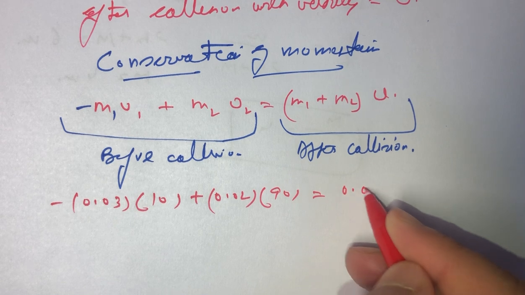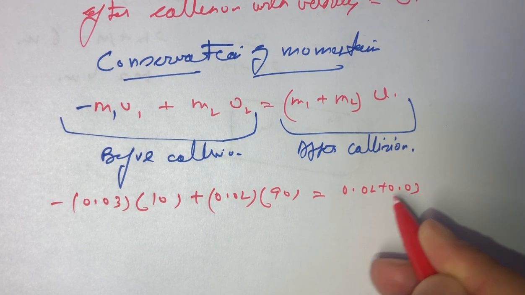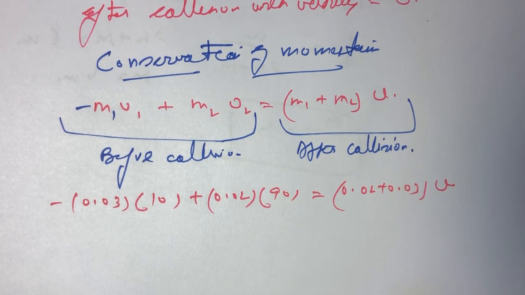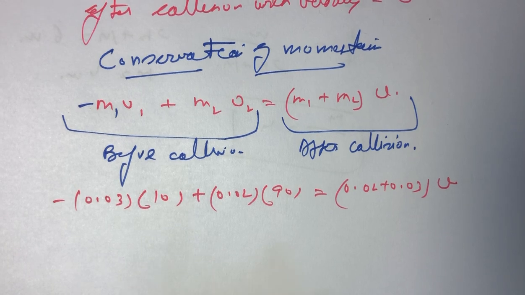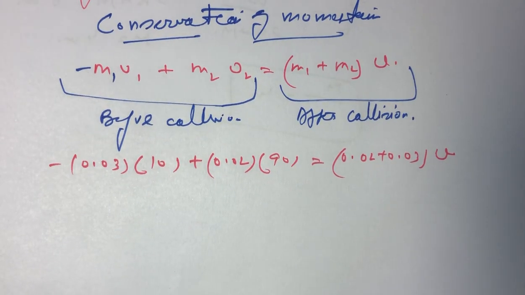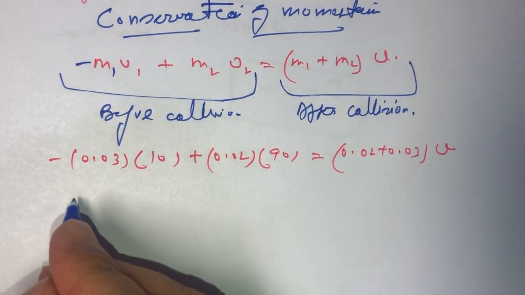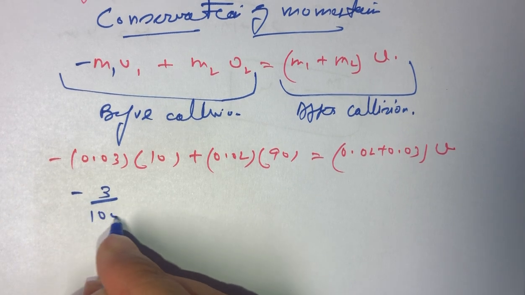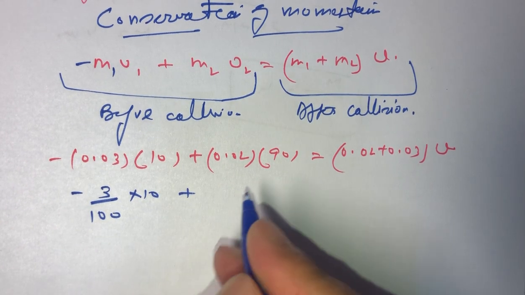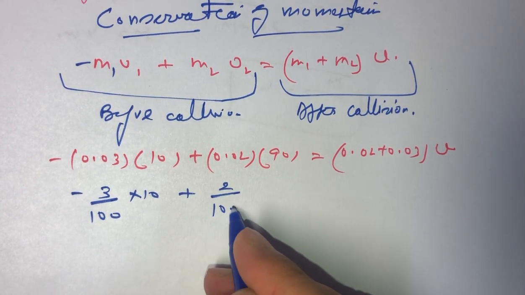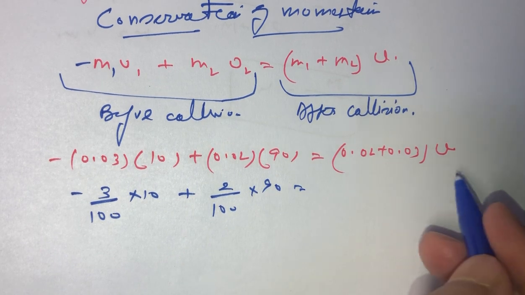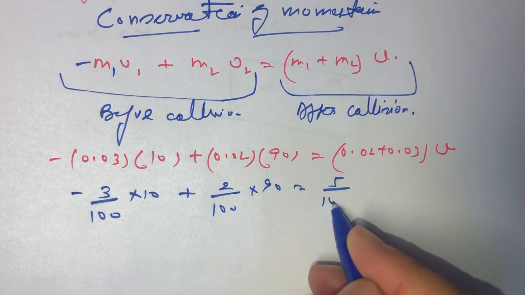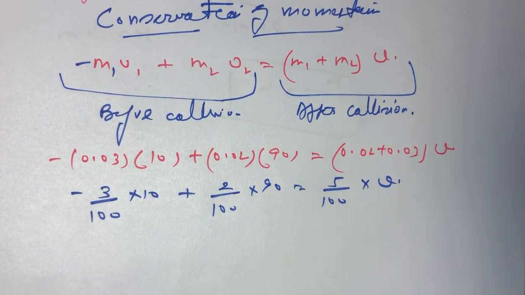So this is 0.02 plus 0.03 multiplied by v. We can say this becomes 3 by 100 multiplied by 10 plus 2 by 100 multiplied by 90, and this will be 5 divided by 100 multiplied by v.